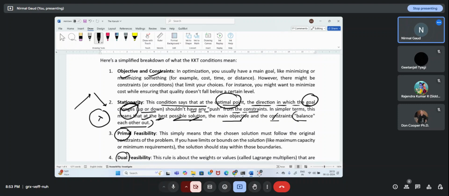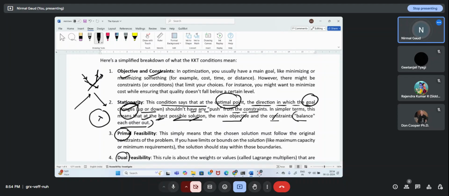So if you are going like this, this is down, this is up, the goal changes. From up to down you are going, so obviously you get peaks, or you may get a downfall at the optimal points according to the constraint and your objective function.